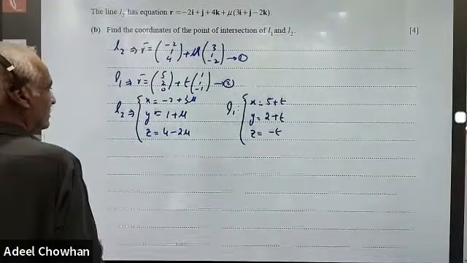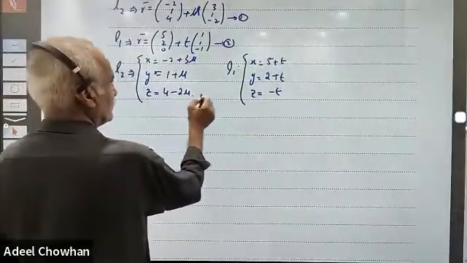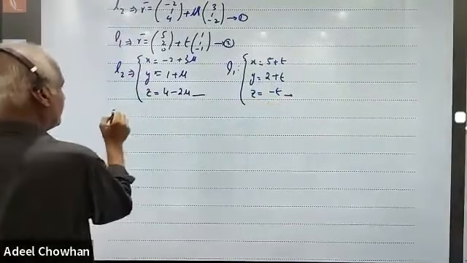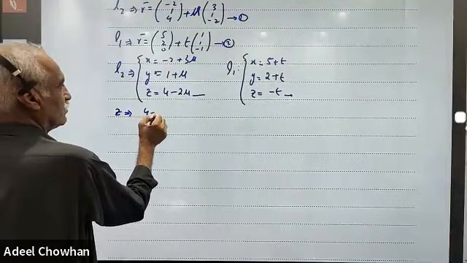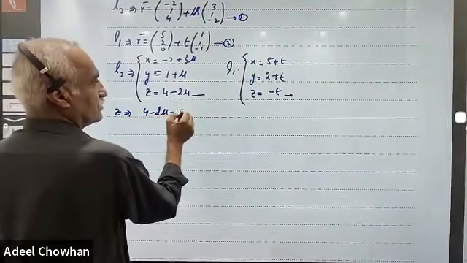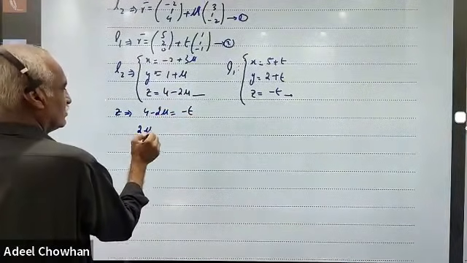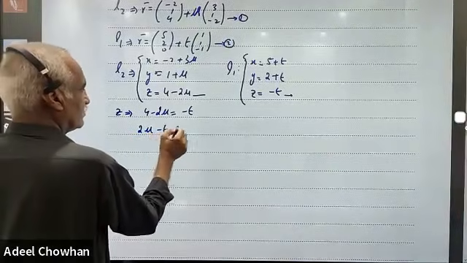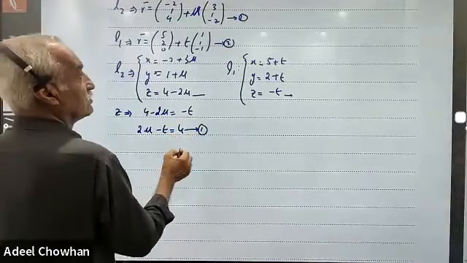So you can compare the coordinates of these two, their z coordinates. If we compare these z coordinates, it should be 4 minus 2 mu is equal to minus t, or 2 mu minus t is equal to 4. Let's say it is equation number 3.